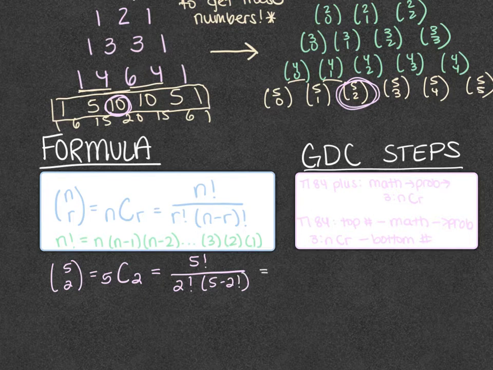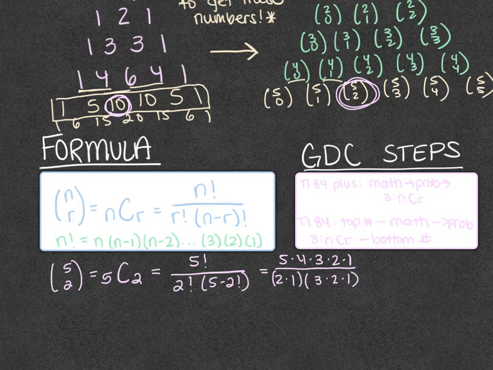If we evaluate that, factorial means you multiply 5 times 4 times 3 times 2 times 1. You stop when you get to 1. Over 2 times 1, and then 5 minus 2 is 3, so 3 times 2 times 1.